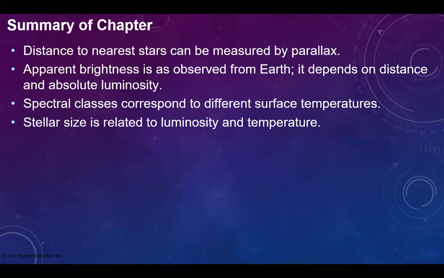And then by looking at its apparent brightness from Earth, you can figure out its distance. Apparent brightness, as observed from Earth, depends on distance and absolute luminosity. So if you know the absolute luminosity and the apparent brightness, you can work out the distance.